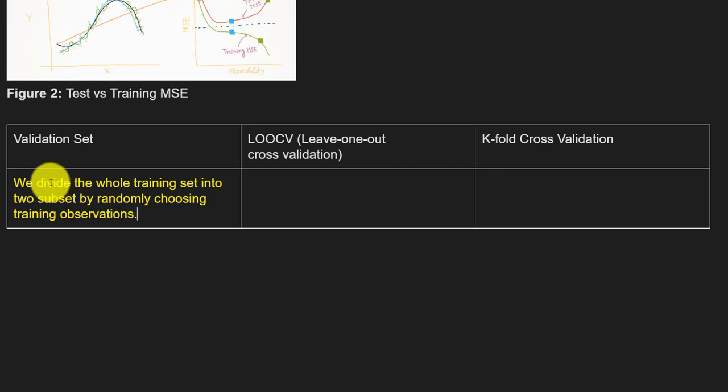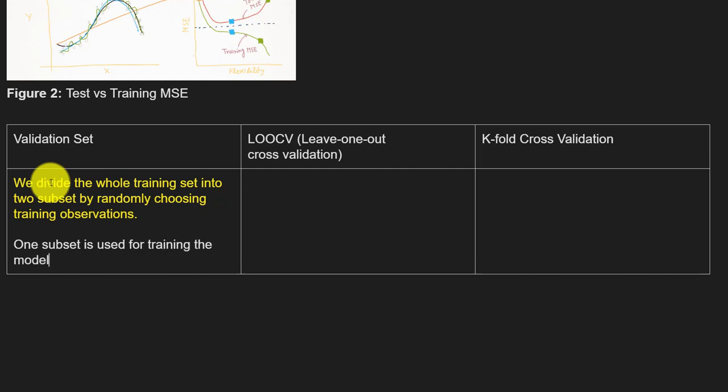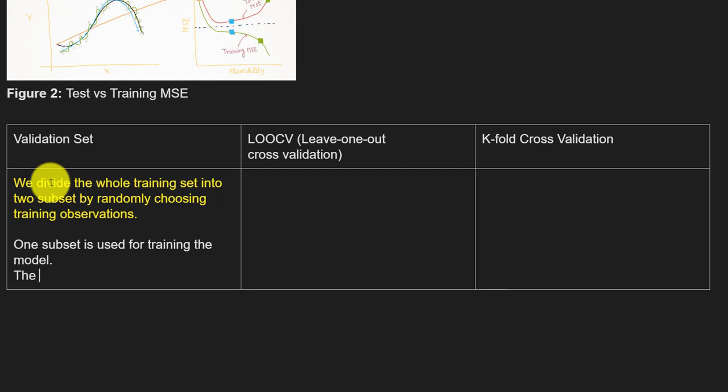So we are dividing the whole training set into two different subsets, randomly choosing the observations from the whole training set. One subset is used for training the model, and the second one is used for validation purposes.